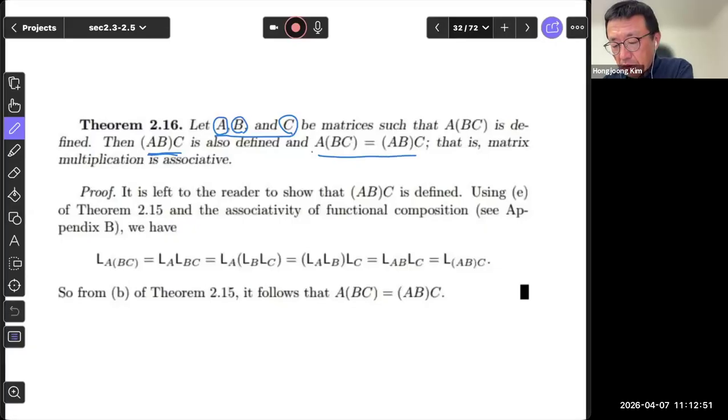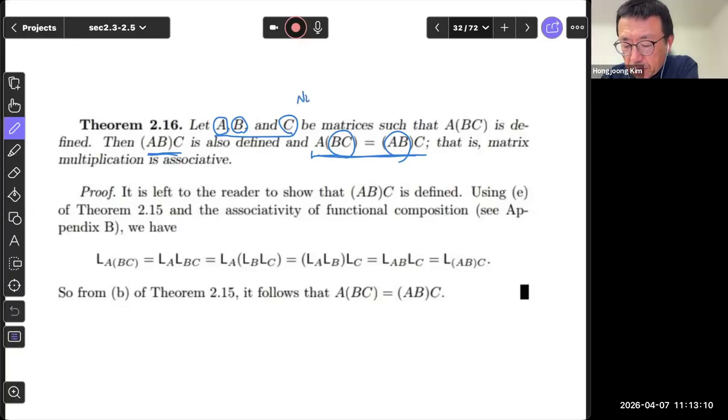Given these three matrices, you can multiply B and C first, or A and B first, and then multiply the remaining one later, as long as you keep this order.